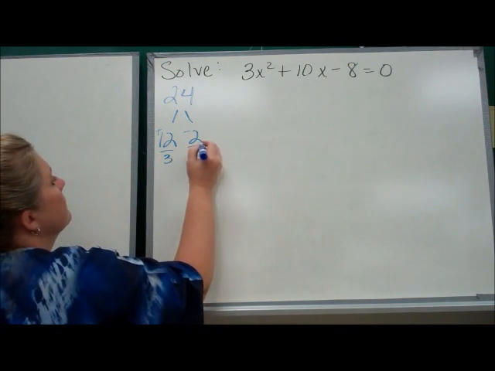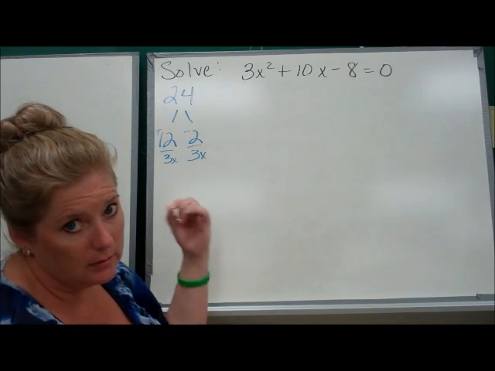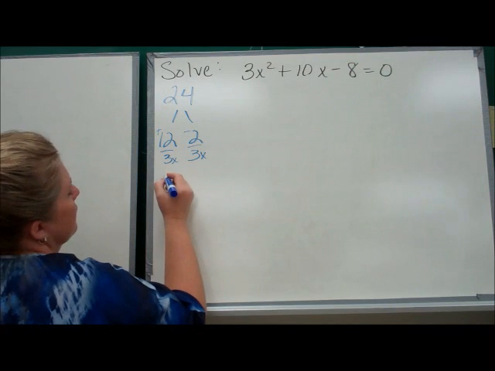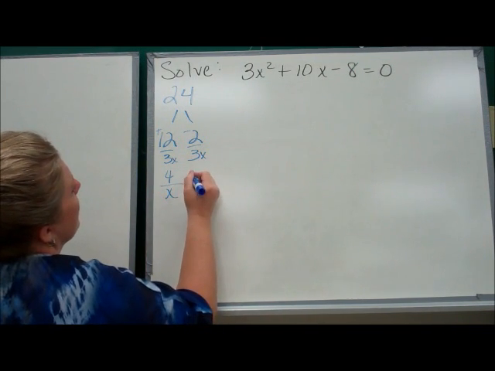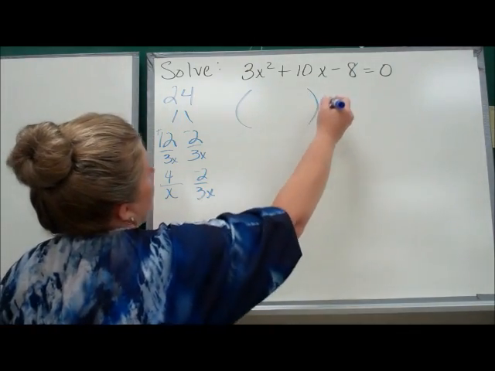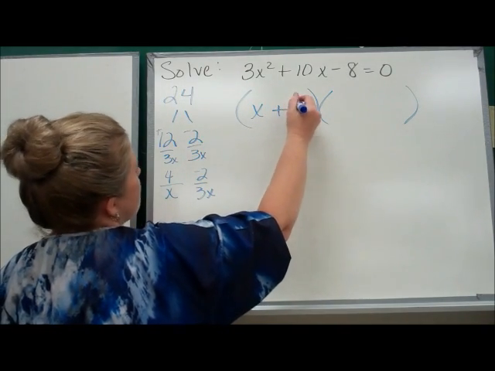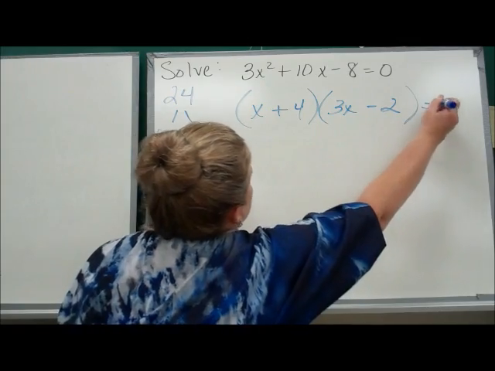Divide both by 3. If you want, throw the x on there so that we know that's the coefficient on the x for our binomials. This will simplify to 4 over x and negative 2 over 3x. So there's our factoring. We've got x plus 4 and 3x minus 2 equals 0.